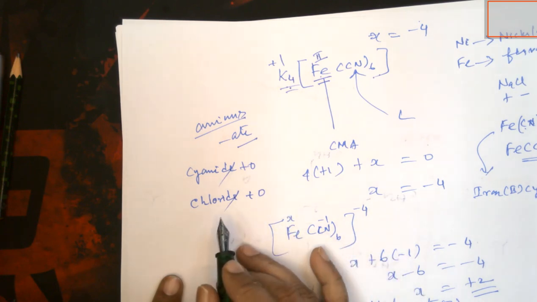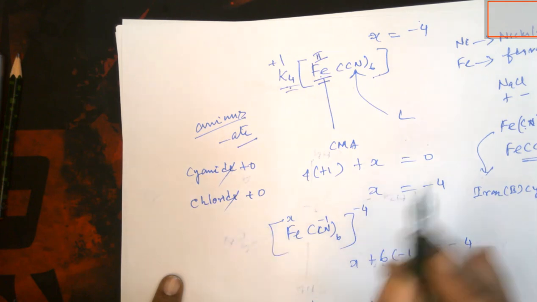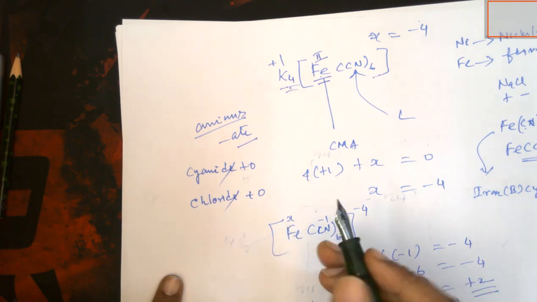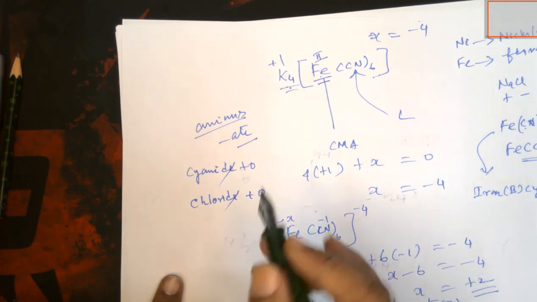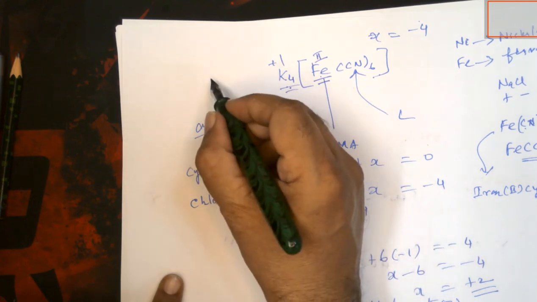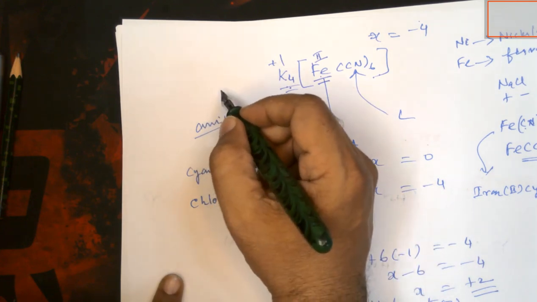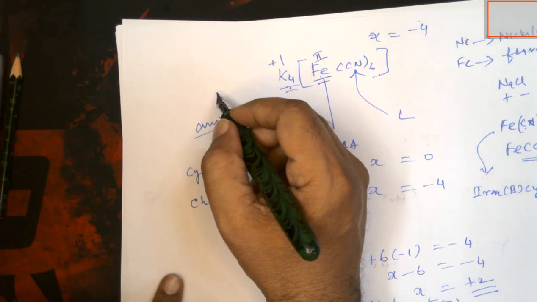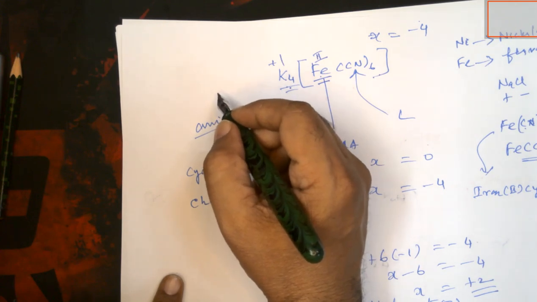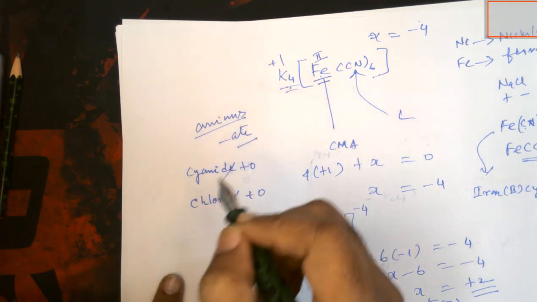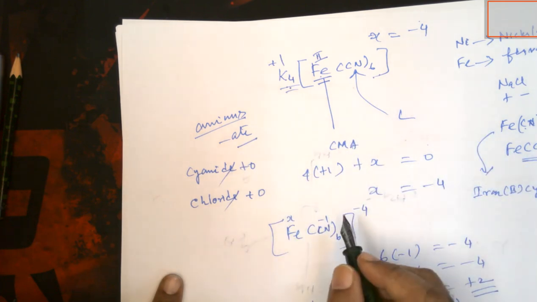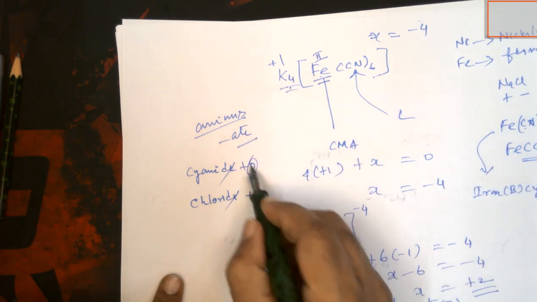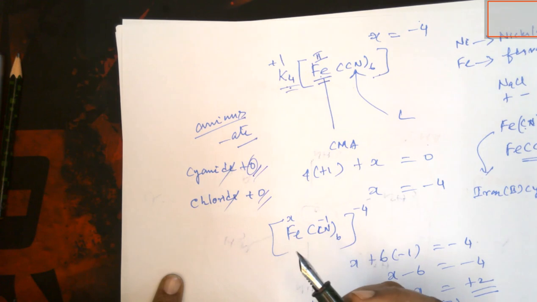Got it? If you have carbonate, carbonato. If you have water, aqua. If you have sulfate, sulfato. Nitrite becomes nitrito, nitrate becomes nitrato. Likewise, you should have the suffix o here, right?